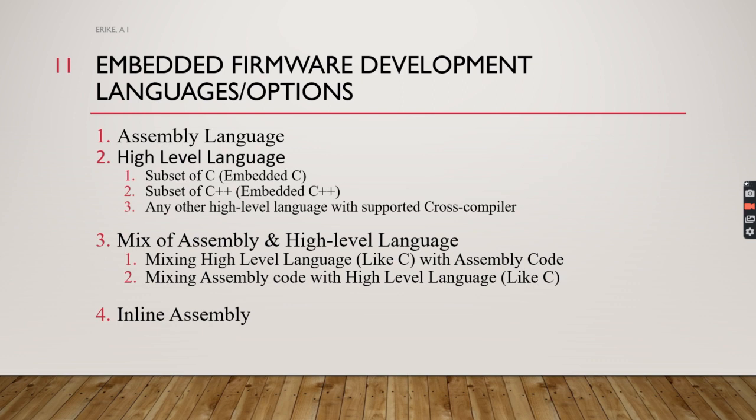But you will notice that when you say mixing this with this, it means that one is taking the highest chunk of the code. When we say mixing a high-level language like C with assembly, it means that the high-level language like C has the dominance, and then you put some assembly code inside of it, and vice versa. Then number four, we have the inline assembly.